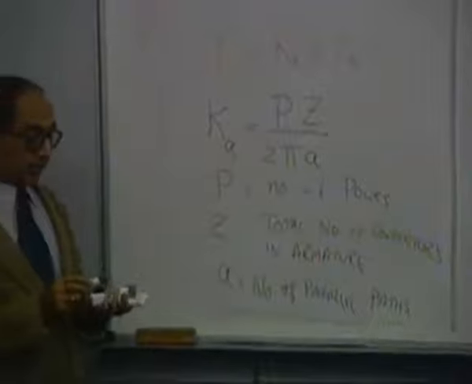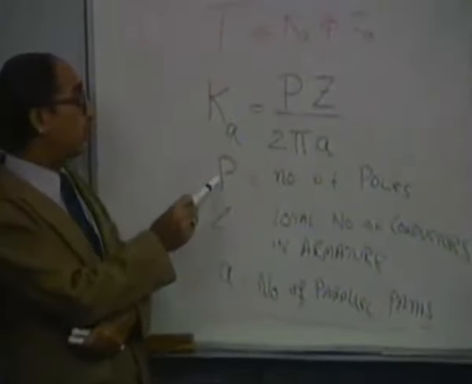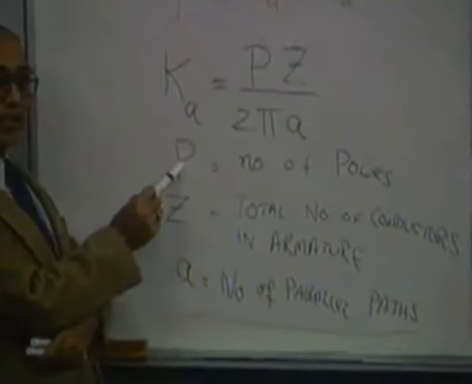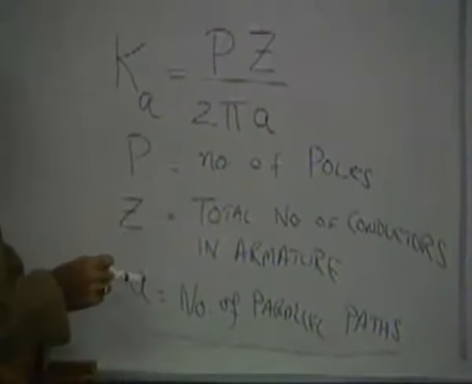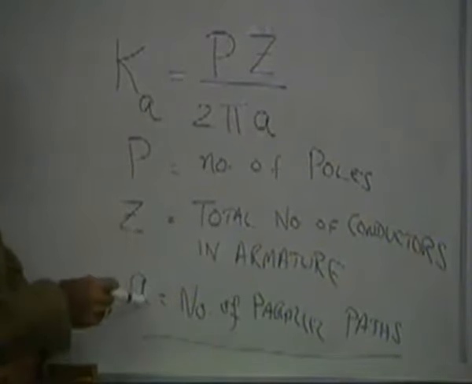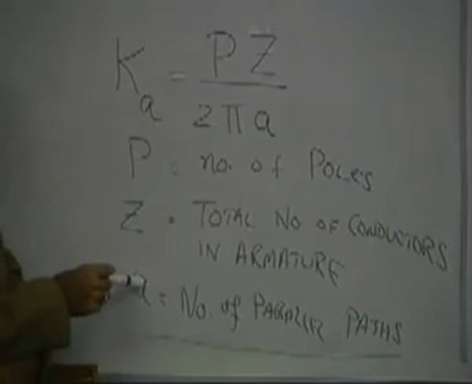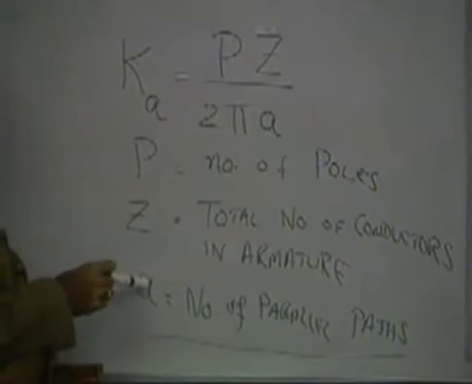So, all these quantities, the number of poles, Z and A, are based on the design. The total number of conductors Z and A depend mainly on the type of winding used, that is, the nature of the armature winding.